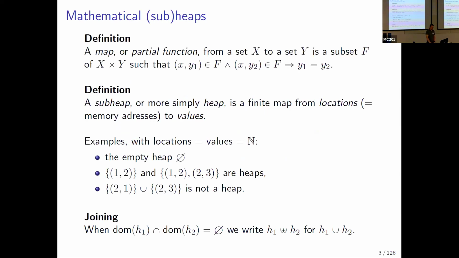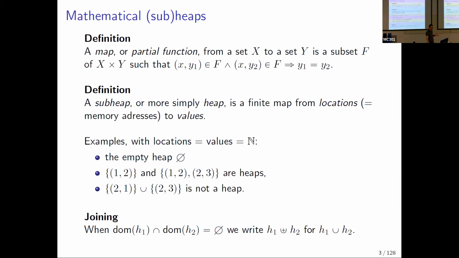Okay, so what are heaps? Heaps are partial functions from locations to values. I talk a bit about this because it's easier to be precise, at least at the beginning. It's just subsets of X times Y, which is the definition of a partial function.